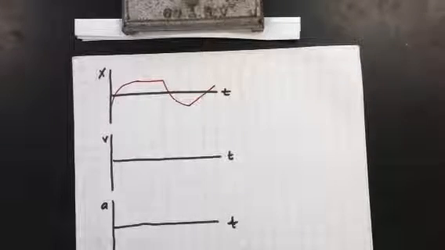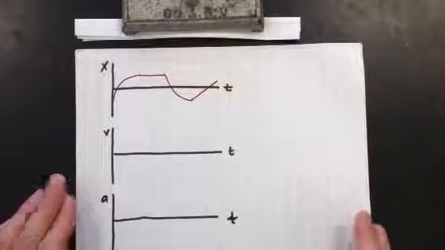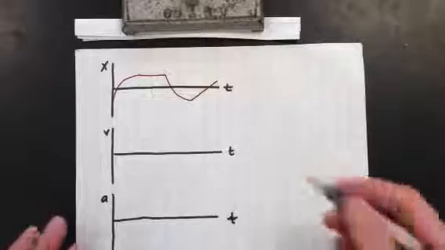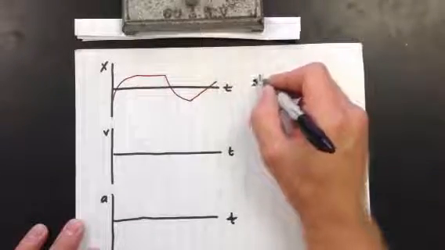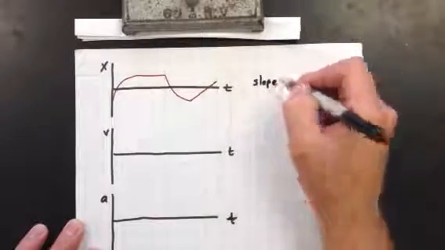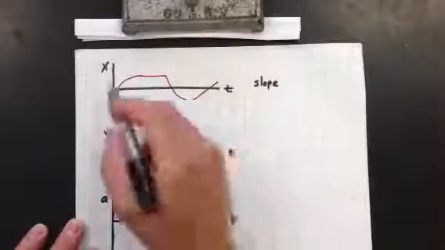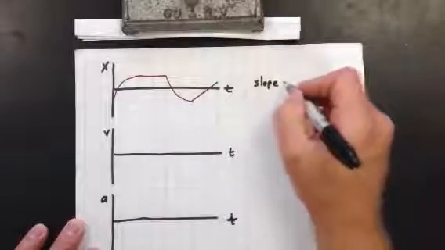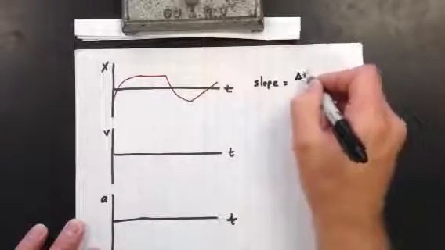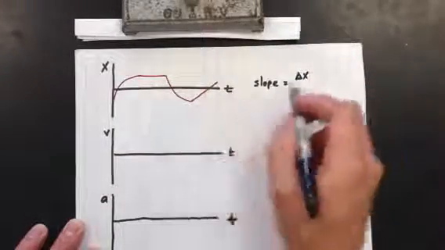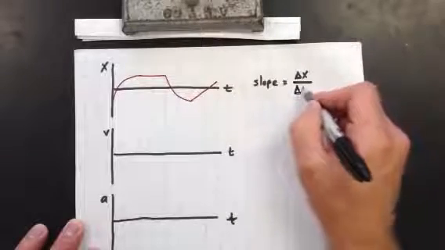All right, now nothing new from last year, the slope of a position time graph gives us velocity. But let's just write this out. The slope is the change in the y's over the change in the x on the generic axis. So our y-axis is the position. So we have a change in position divided by a change in time.